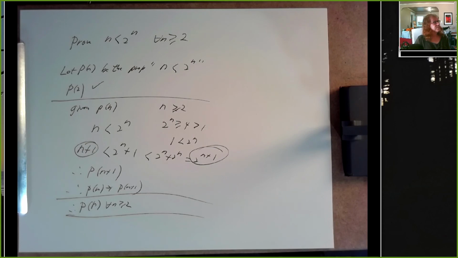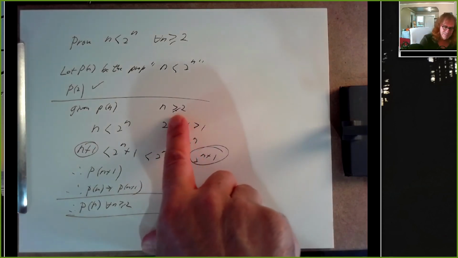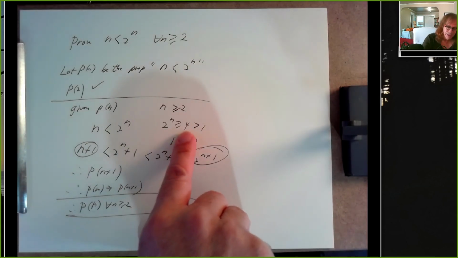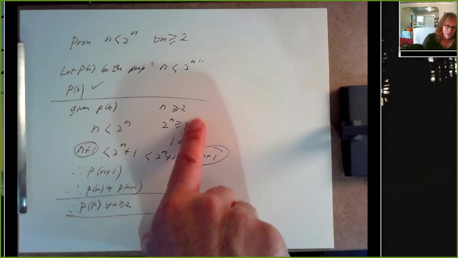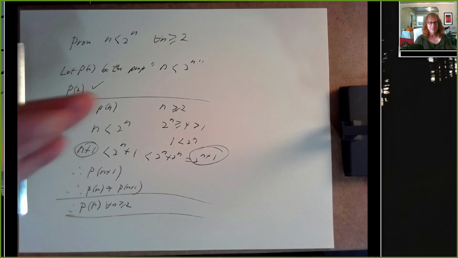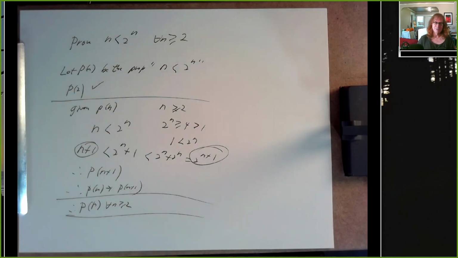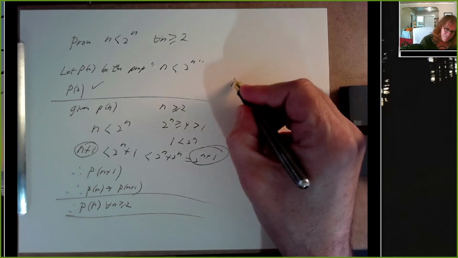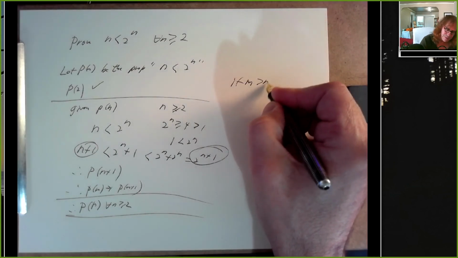How is 2 to the n bigger than or equal to 4? Because n is bigger than or equal to 2. And so 2 to the n is bigger than or equal to 2 to the 2, which is 4. You do need to know that 2 to the 3 is bigger than 2 to the 2. So, like I say, you'd need to do some formalism in here to do this.